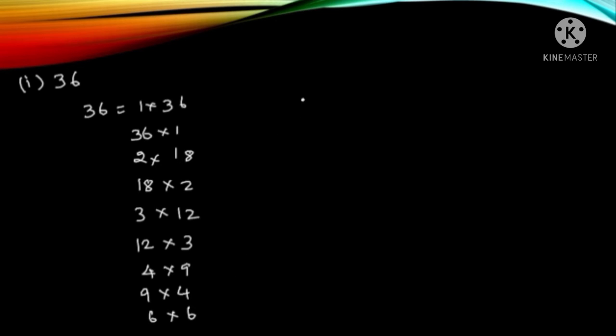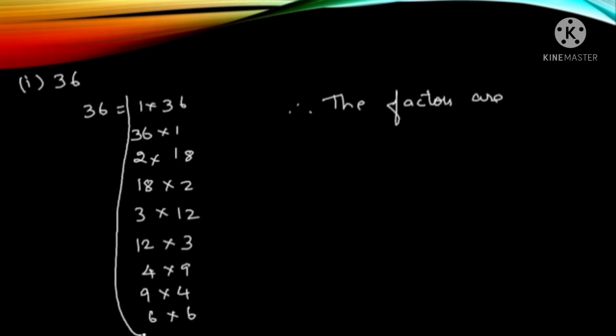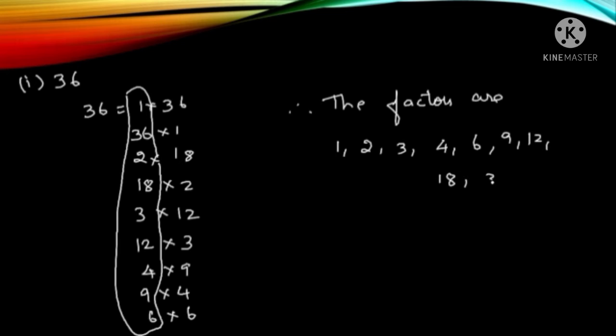So let us write down all the factors. Therefore the factors are, so these are the factors. Let us write them in ascending order: 1, 2, 3, 4, 6, 9, 12, 18, 36.